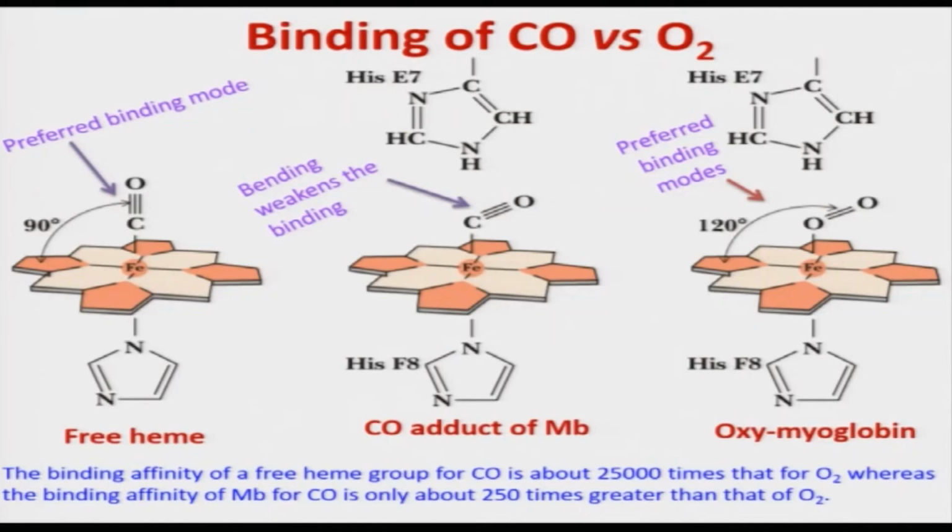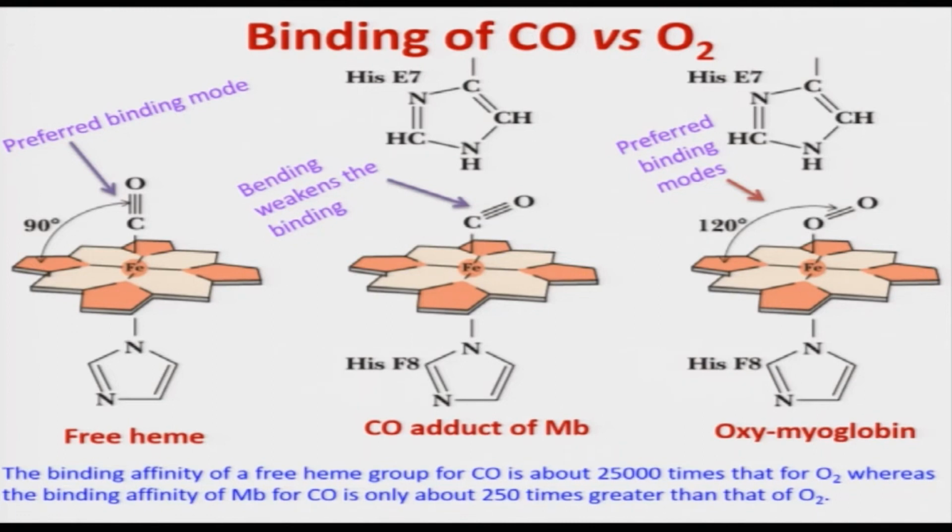As I have already said, carbon monoxide always prefers to bind in a linear fashion, and this indeed happens in free heme where there is no protein around this molecule. In contrast, carbon monoxide in myoglobin and hemoglobin binds in an angular fashion because of the distal histidine, and thereby bonding becomes weak.